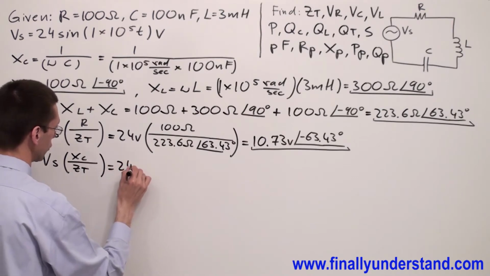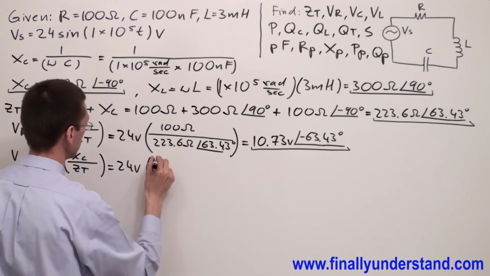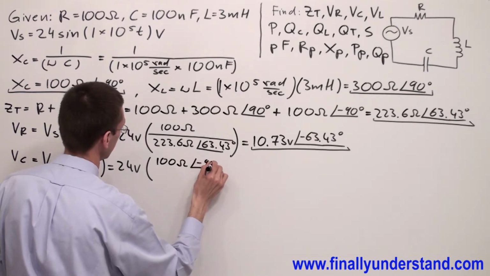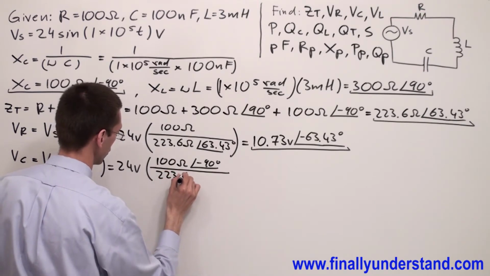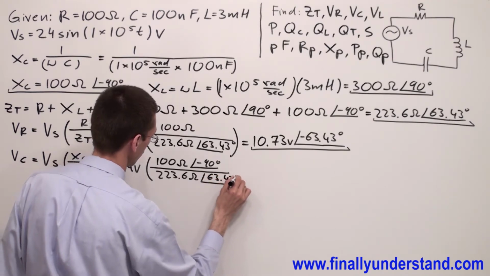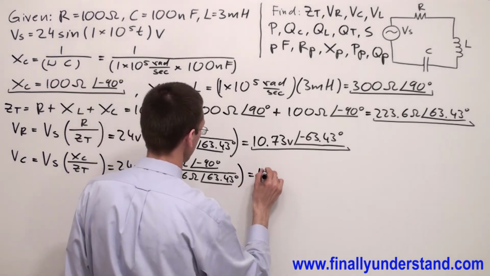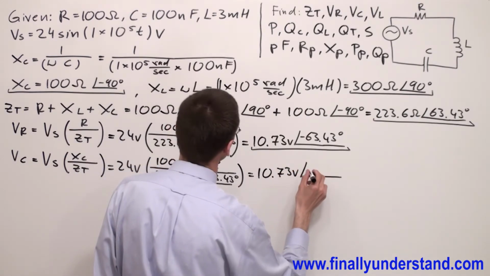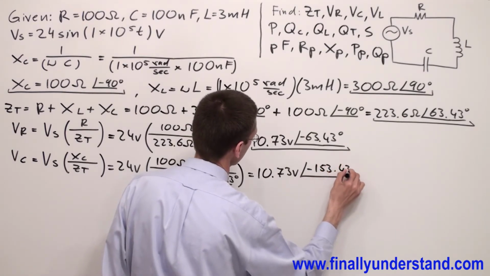So I have 24 volts times X of C, which is equal to 100 ohms, an angle of negative 90 degrees over 223.6 ohms and angle of 63.43 degrees, which is equal to 10.73 volts and angle of negative 153.43 degrees.